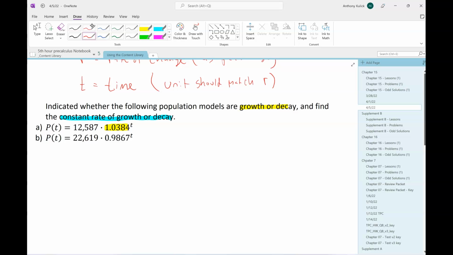Very good. So as long as that initial term is positive, if the B value is greater than 1, that's going to tell us it's growth.